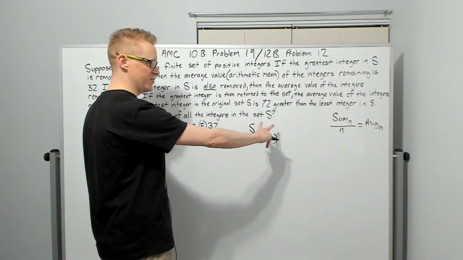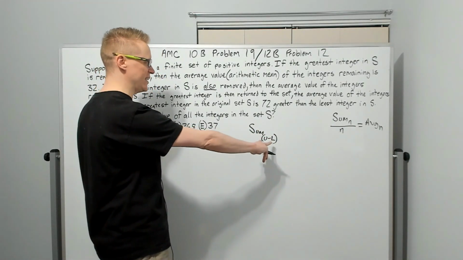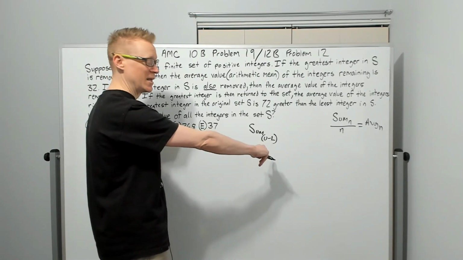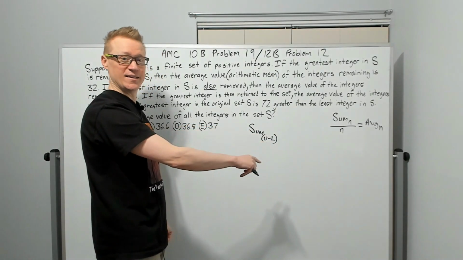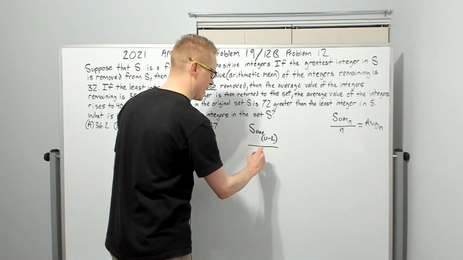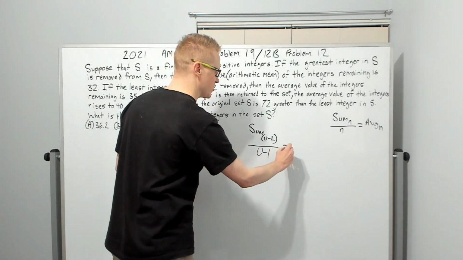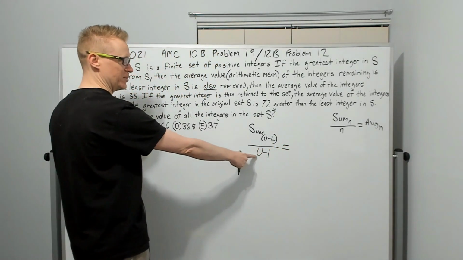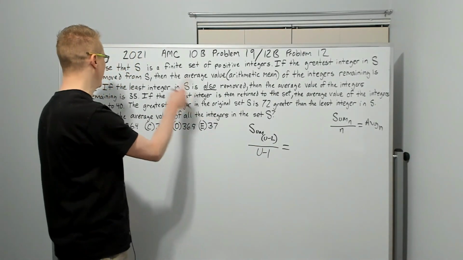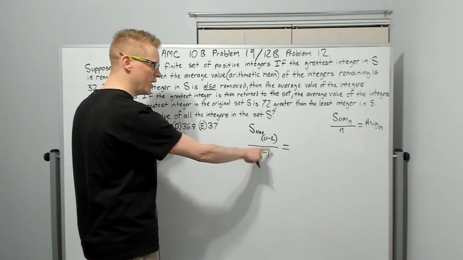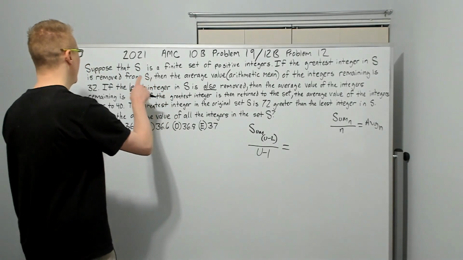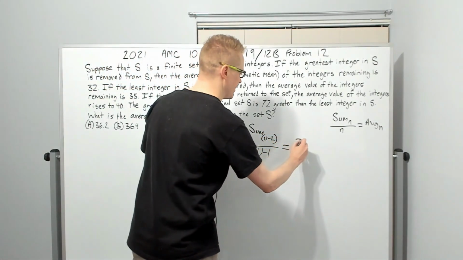This will be the sum of the entire set of the values in S, the universal set, minus the largest number in that set. And then it will be over U minus 1, because the number of numbers in the universal set S minus 1 entry, the largest entry, this is going to be 32.